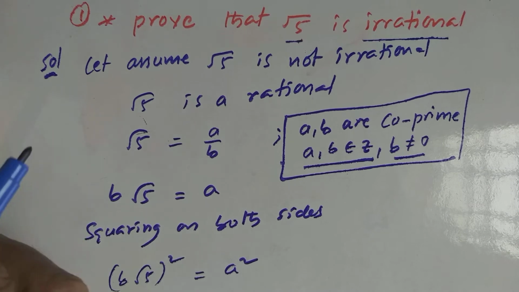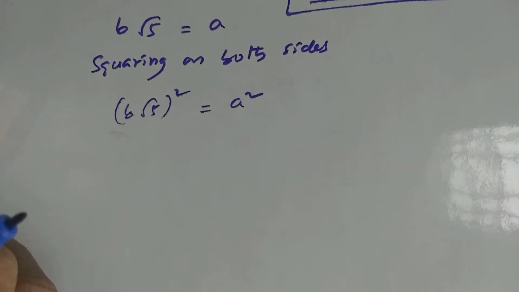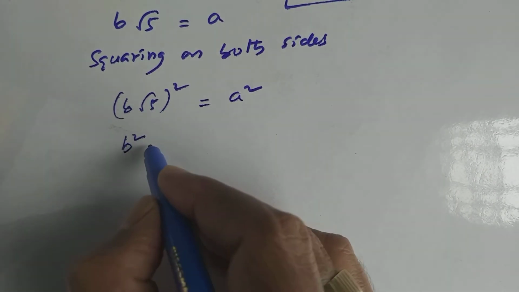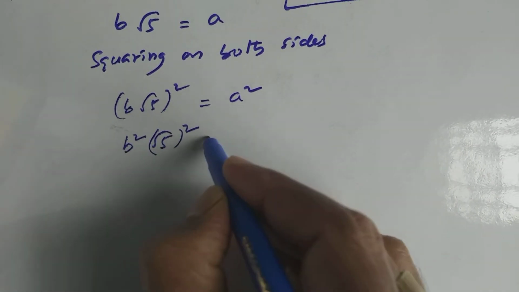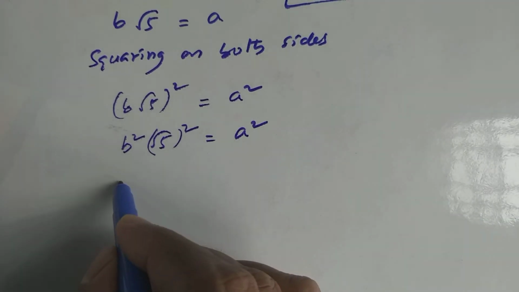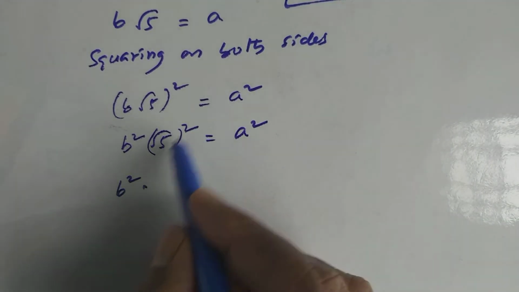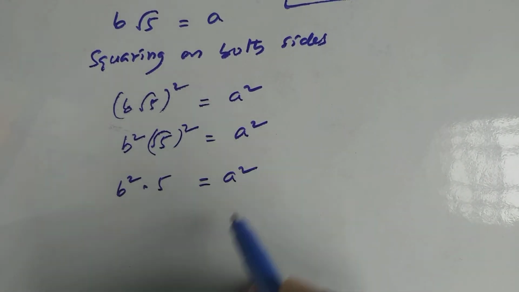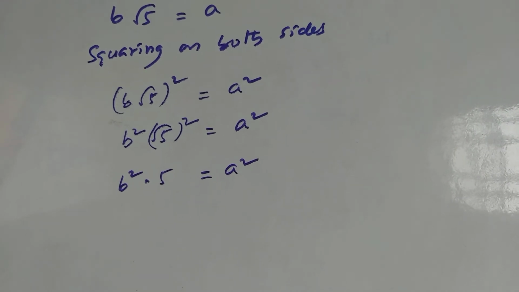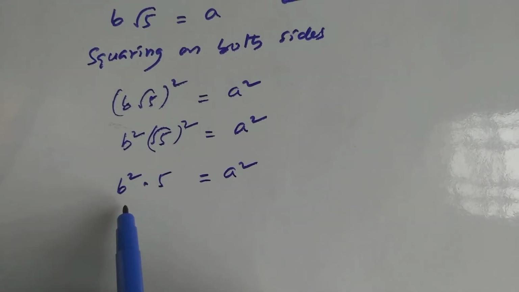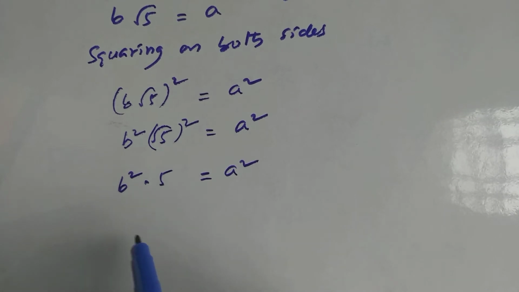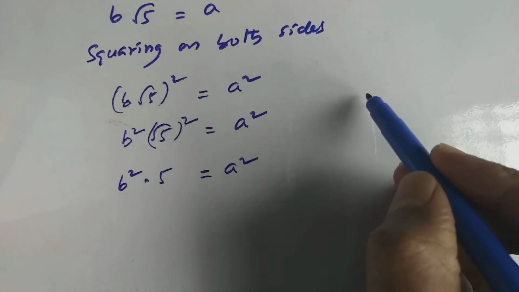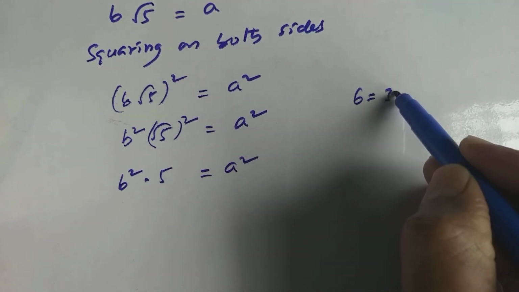It becomes b square into root 5 square, and the square and square root cancel, so b square into 5 is equal to a square. A square is written as a product of two numbers, b square into 5. If any number is written as a product of two numbers, those two numbers I am writing here. Like 6 is equal to 3 into 2.